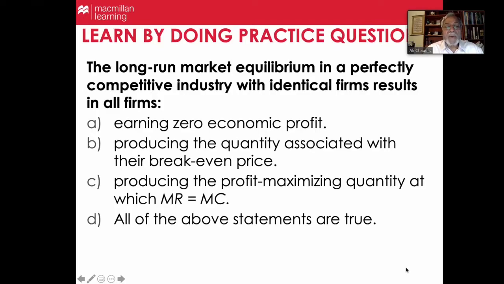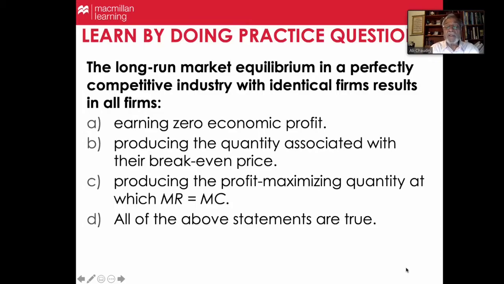Okay, let's go through it one by one. We will recognize that by definition, as long as the firm is making zero economic profit, they can stay in business. We just went over that. So A is okay. Reducing the quantity associated with the break-even price. Remember, the break-even price is where they are at least covering their average total cost. As long as they're covering their average total cost, they can stay in business.